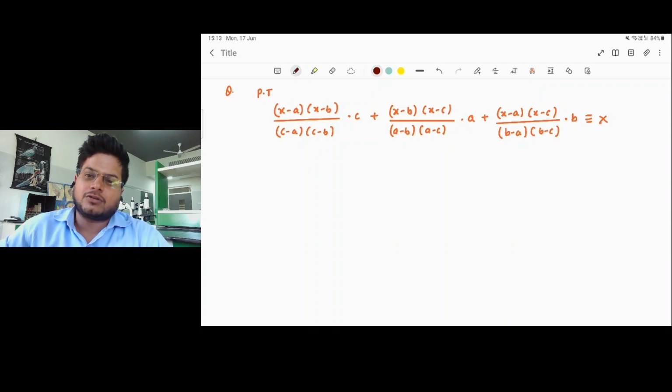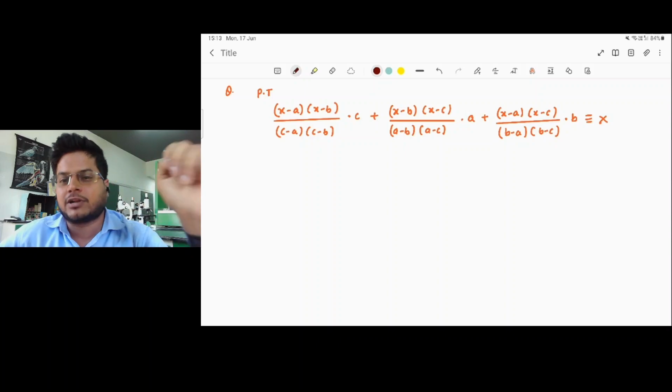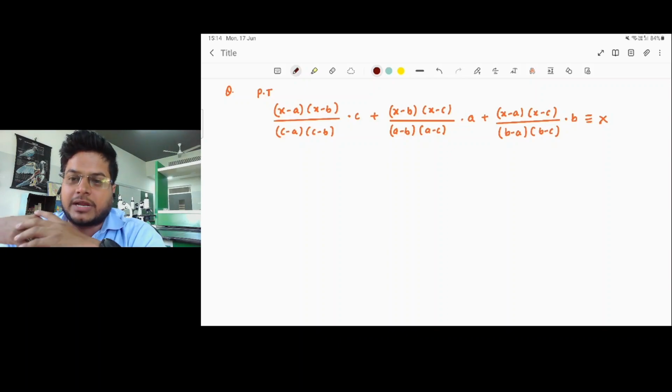So one thought, when I ask in the class, normally the children say that we can take LCM, simplify, and then we will get something like x equals x. So yes, I do agree that that is one of the methods. But the point here is, who will do the calculation? Because when you take the LCM, in the first bracket c minus a, c minus b is there.